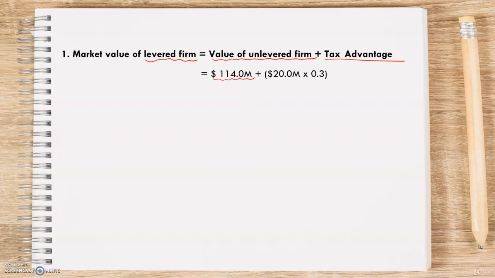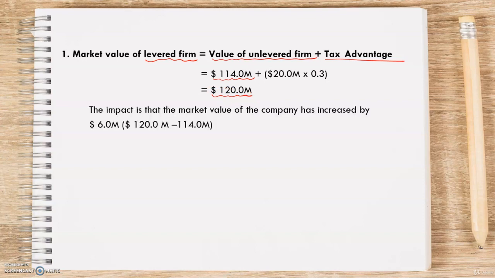On the 30% only they are going to get the tax advantage, right? So 20 million into 30%. So it is 114 plus 20 into 30%, which is 6 million. So 120 million is the market value of the levered firm, whereas the market value of the unlevered firm was 114 million. So the impact is that the market value of the company has increased by $6 million.